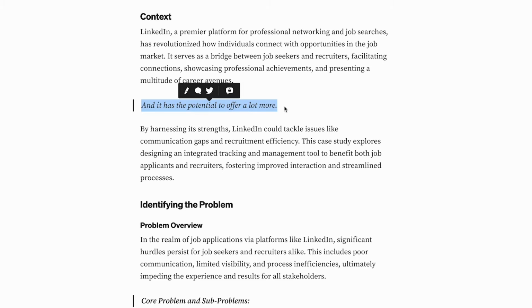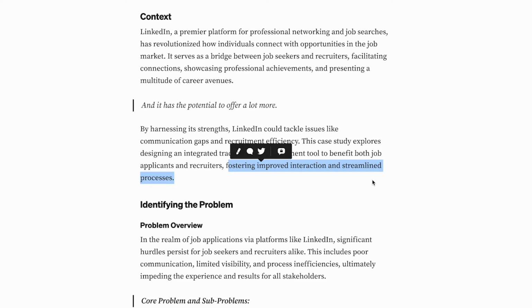And it has the potential to offer a lot more. By harnessing its strength, LinkedIn can tackle issues like communication gaps and recruitment efficiency. This case study explores designing an integrated tracking and management tool to benefit both job applicants and job seekers, fostering improved interaction and streamlined processes.